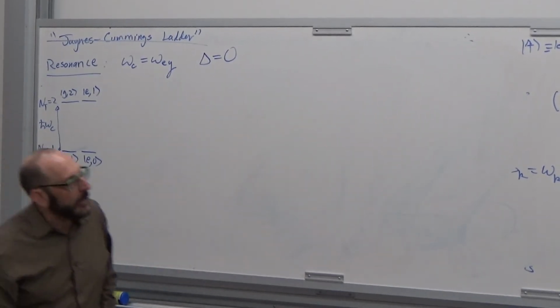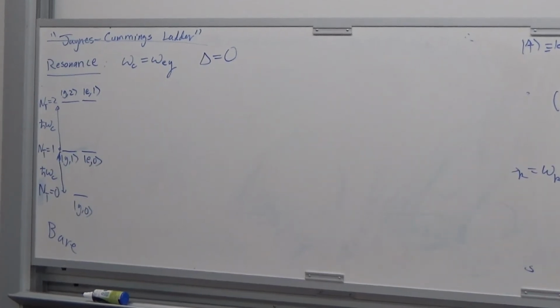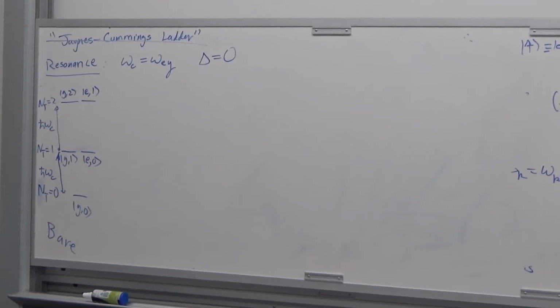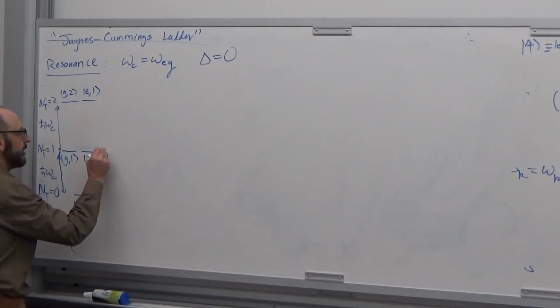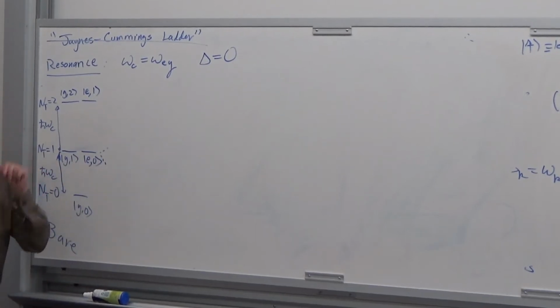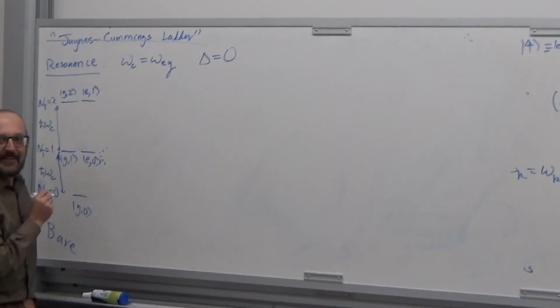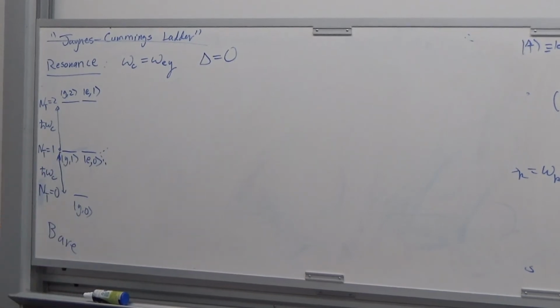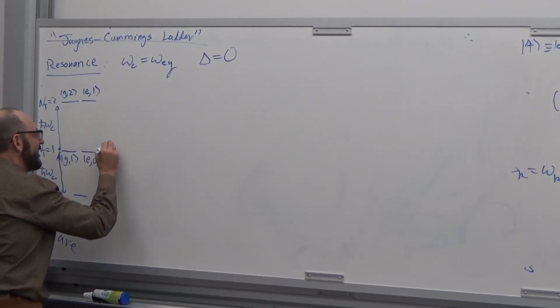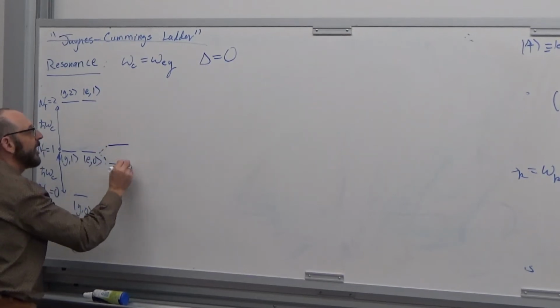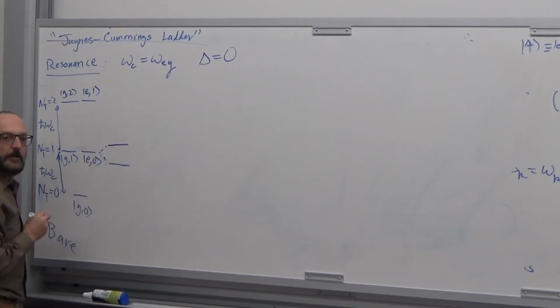One goes up by this amount, I mean, here delta is 0, right? One goes up by this amount, and one goes down by that amount. And so this becomes two hybridized orbitals, I don't want to say molecular, to make Susie happy. And then I have the plus state and the minus state, right?